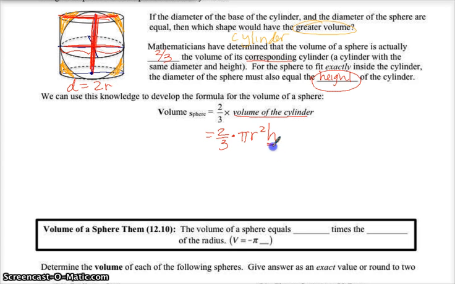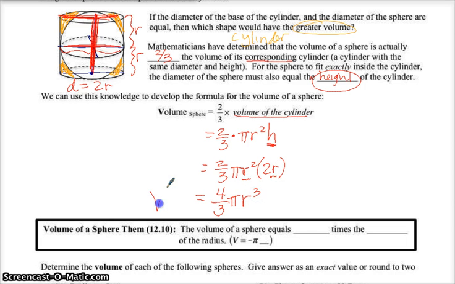So in other words, we can substitute in twice the radius for our height, because this is 1 radius and this is 1 radius, which is also equal to the height of the cylinder. And then if we simplify that, well, we're going to multiply 2 times 2, which is 4, so we get 4/3 pi. And then we have r cubed times r, which is r cubed. So the volume of a sphere is 4/3 pi r cubed.